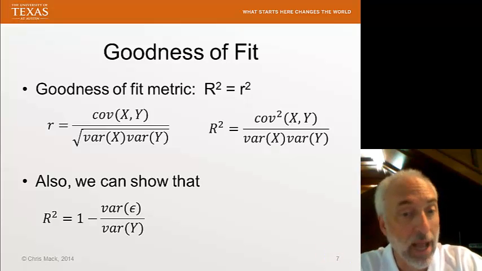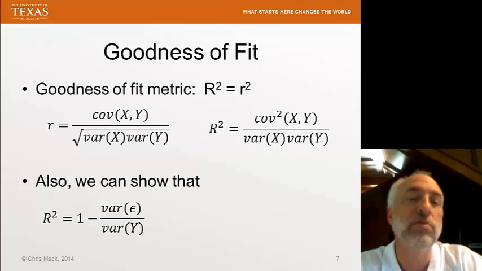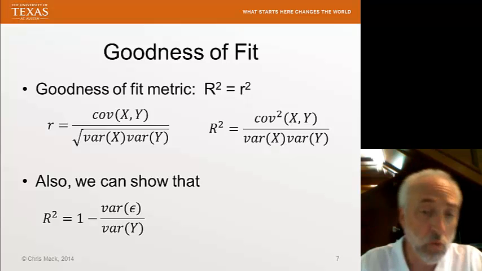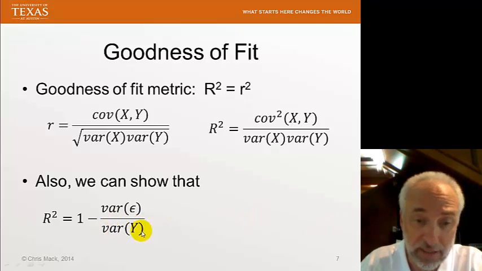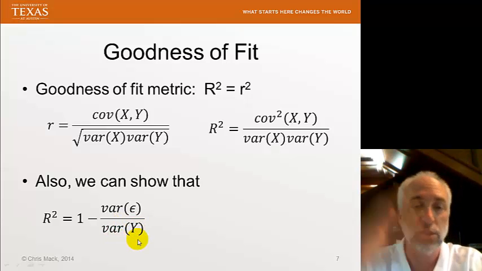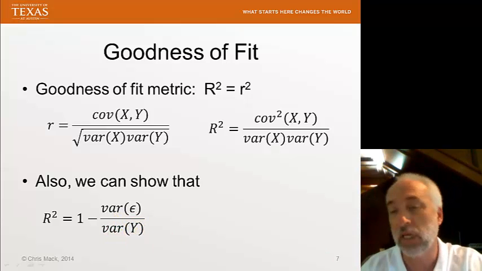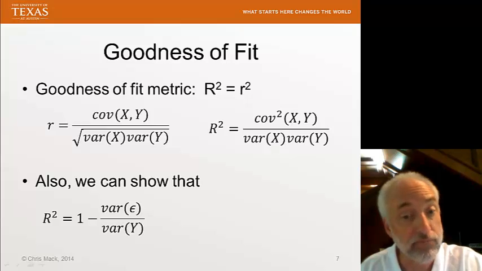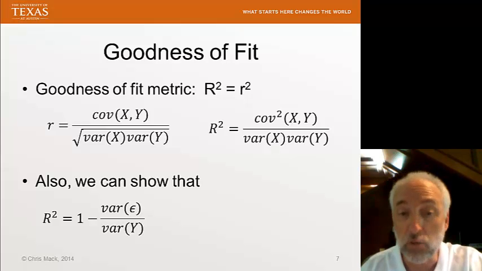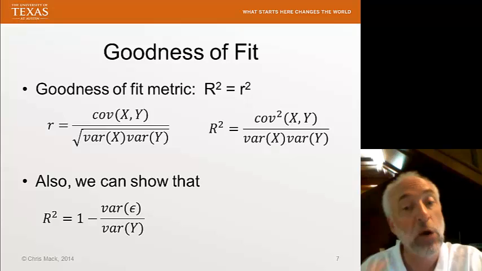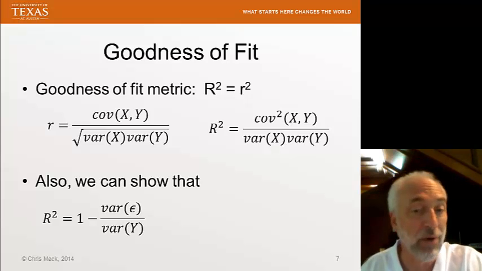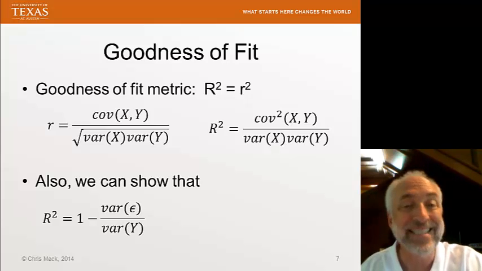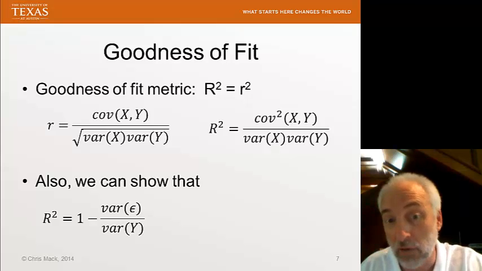Now, how can we interpret r squared given this equation? Well, the variance of y is simply how much y is changing in this particular set of data. The variance of the residuals is how much of the variance of y didn't get captured by our linear model.